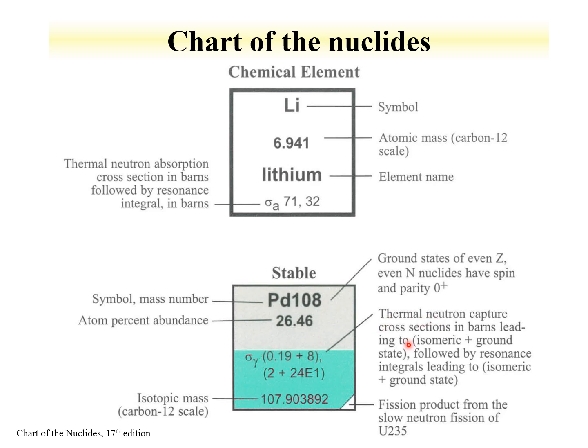Then the thermal cross-section in barns leading to isomeric and ground state, and the resonance cross-section in barns, isomeric and ground state. This triangle here means that this isotope is produced from fission, and this is the mass of the isotope. We will describe cross-section in more detail when we discuss nuclear reactions.